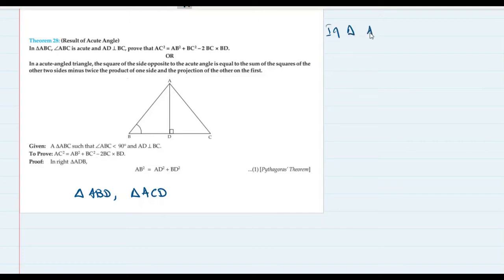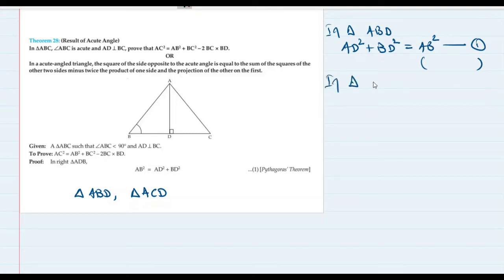In triangle ABD, AD square plus BD square is equal to AB square. Equation number 1 by Pythagoras theorem you can write.